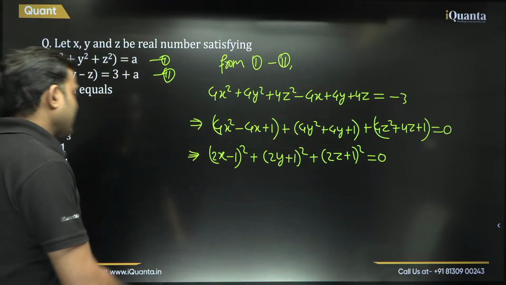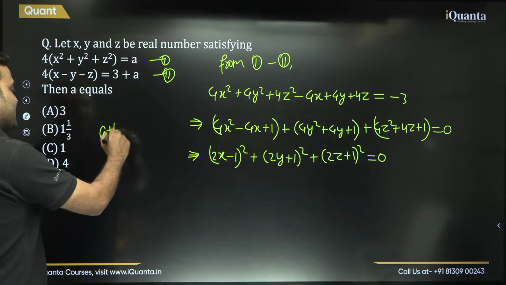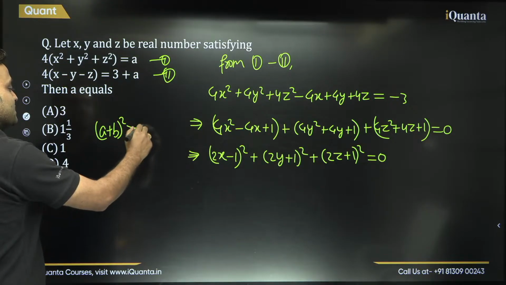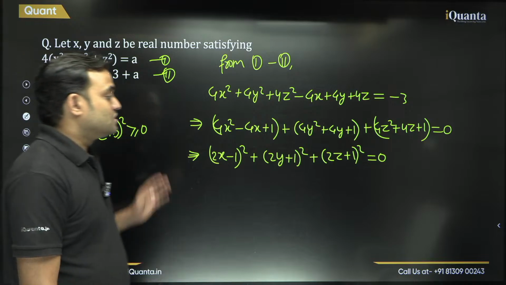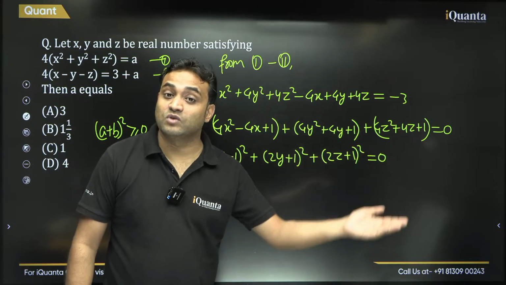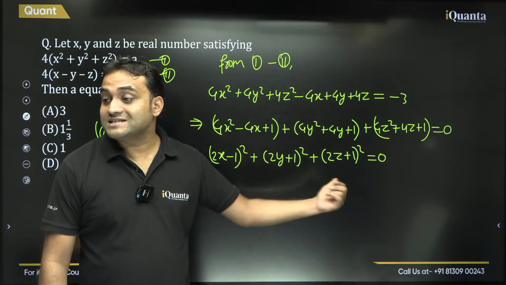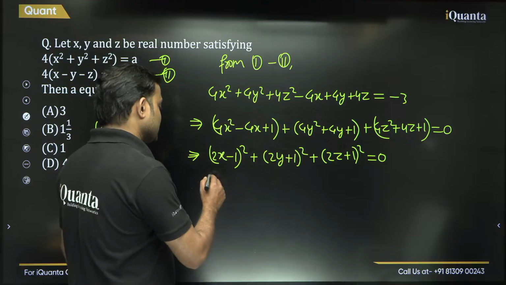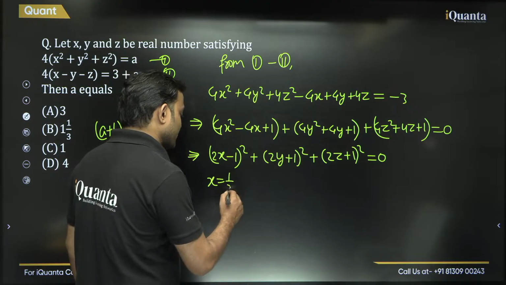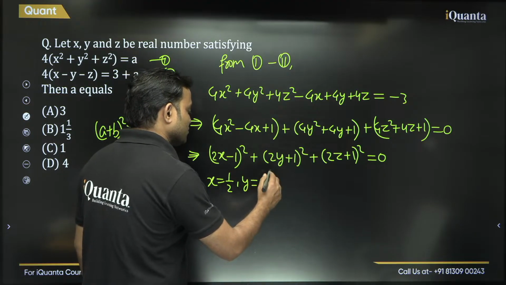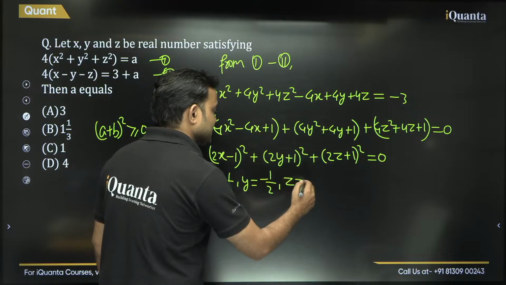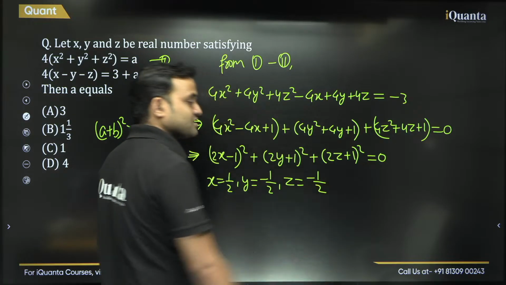Now we know that a plus b or a minus b whole square is always greater than or equal to 0. So sum of all of these 3 is equal to 0, means all of these are equal to 0. Means x is equal to 1 by 2, y is equal to minus 1 by 2, z is also equal to minus 1 by 2.